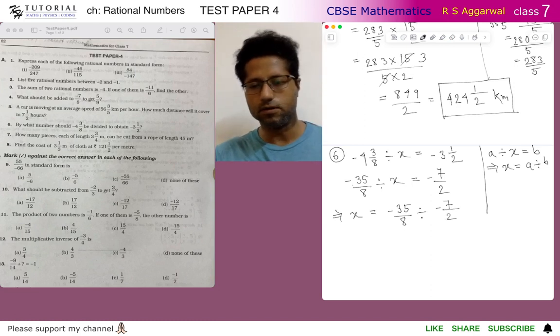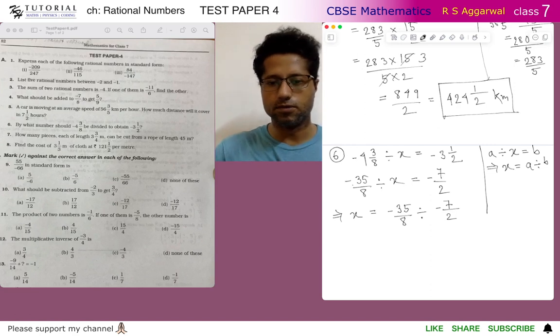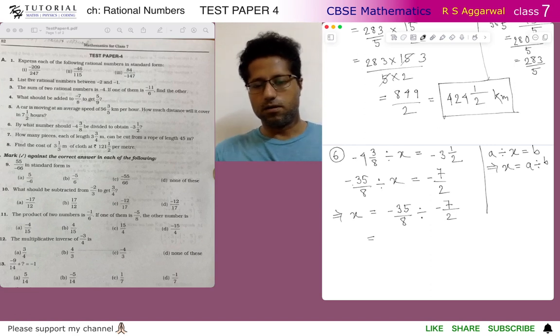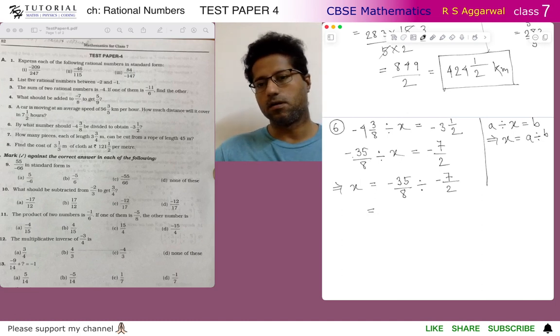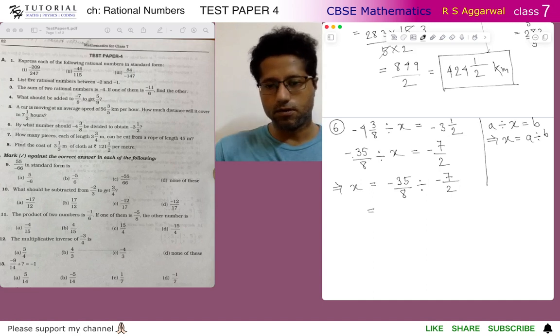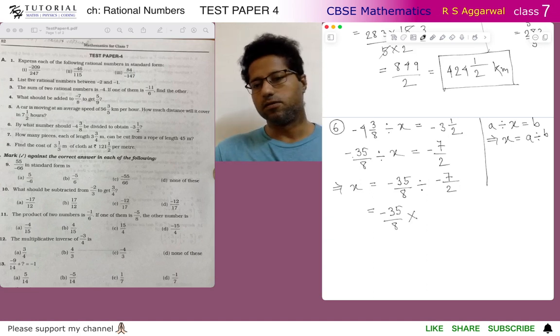So we have to find the division of these two rational numbers, and we know, based on the division of rational numbers, that dividing by a rational number is equivalent to multiplying with the reciprocal of that rational number. So this will be equal to minus 35 by 8 multiplied by the reciprocal of minus 7 by 2.